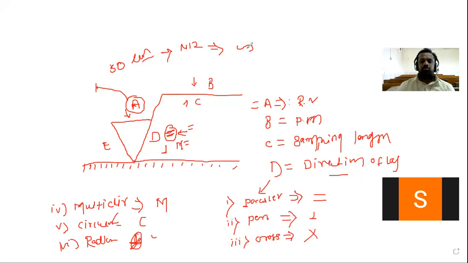Right now we are going to move toward the next point, that is fit, limit and tolerances. I will erase it. Just 1 minute.